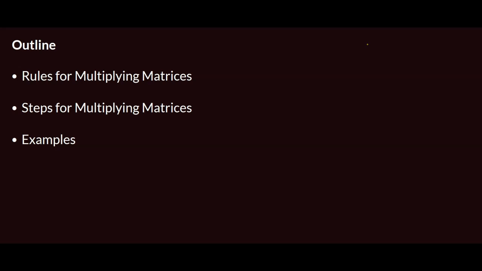And then after we look at the rules for multiplying matrices, we're going to talk about the steps that I will recommend and I'm urging you to follow whenever you're multiplying matrices. And once we're done with all of those, we're going to apply everything that we have covered, the rules for multiplying matrices and the steps for multiplying matrices. We're going to apply those to solve some examples together.